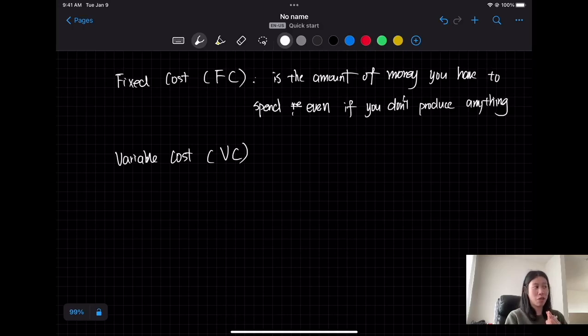It's the amount of money you spend to actually produce them. So the total variable cost should include things like material that you use, electricity to run the machinery, the gas for your delivery van, maybe the wages of your production workers. Those costs will vary according to how many items you produce.